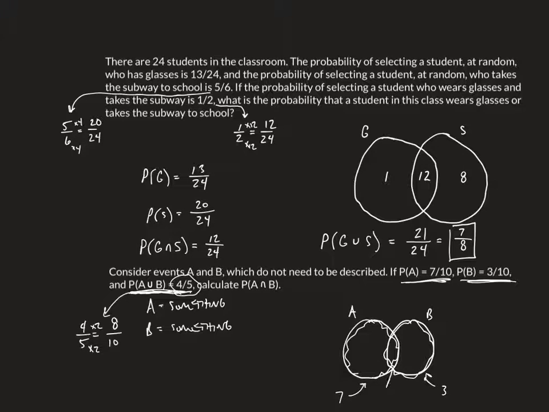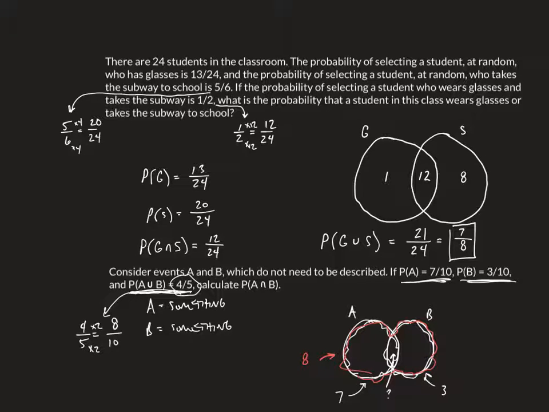I want to know what number of those elements go in here. But another thing that I know is that in this whole diagram, the whole picture, I have 8 elements. Because it says that the probability of A or B is 8.